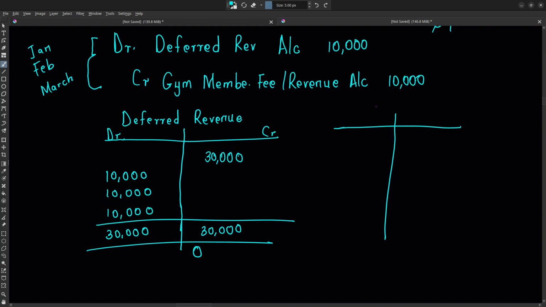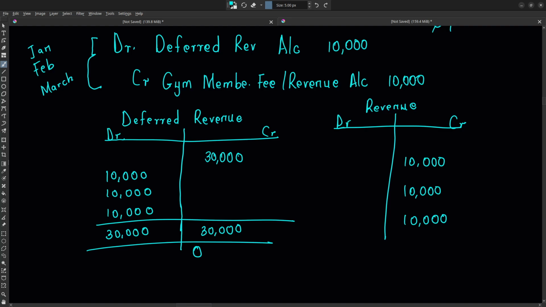Okay, now how will our revenue account look like? Our revenue account, what will it look like? We have debit, we have credit. Okay, so in the first month, we credited 10,000. The second month we credited 10,000, and the third month we credited 10,000.